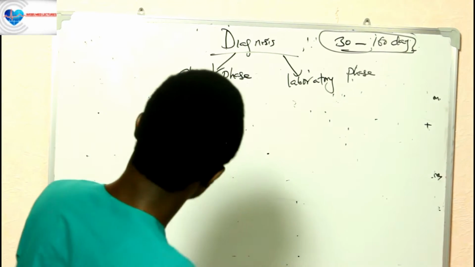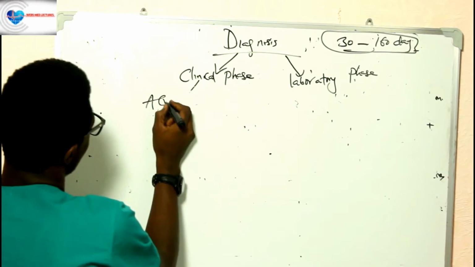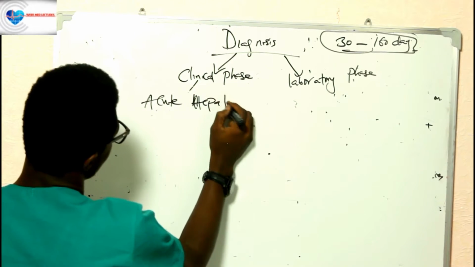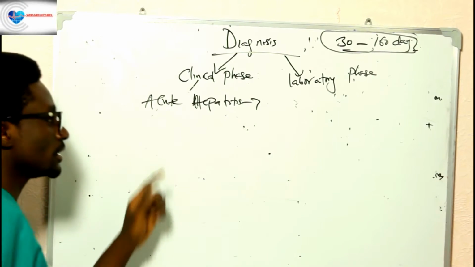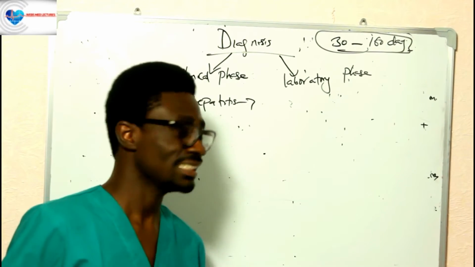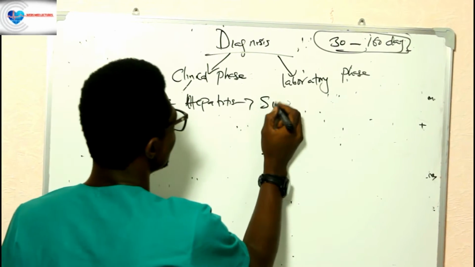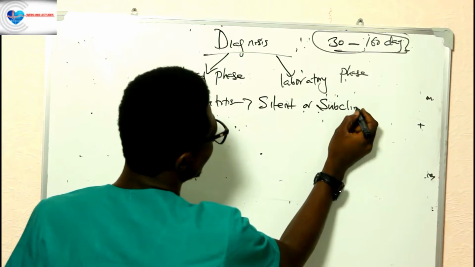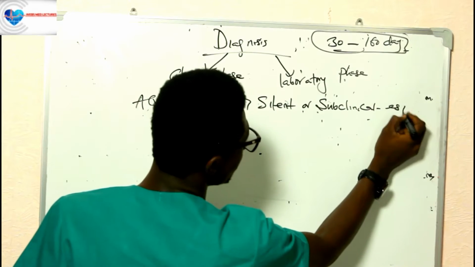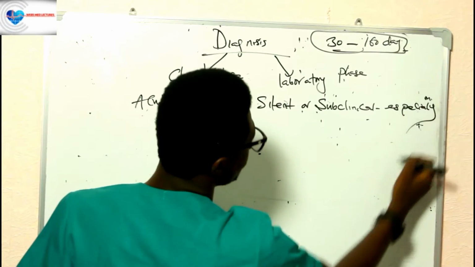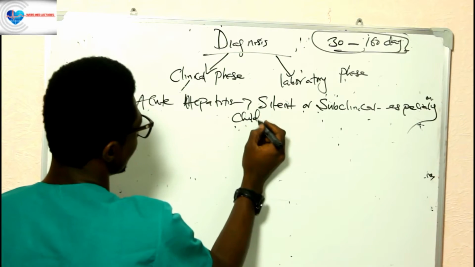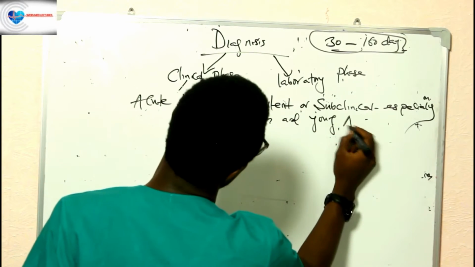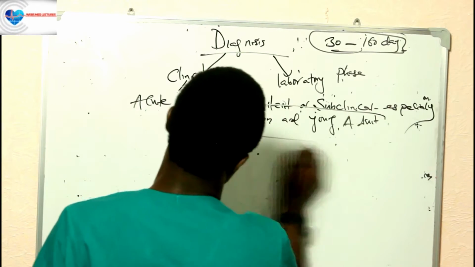Now, the acute hepatitis B. This phase is usually silent. It's a very, very silent phase, guys. It's usually silent, or you can call it subclinical, especially in children and young adults.